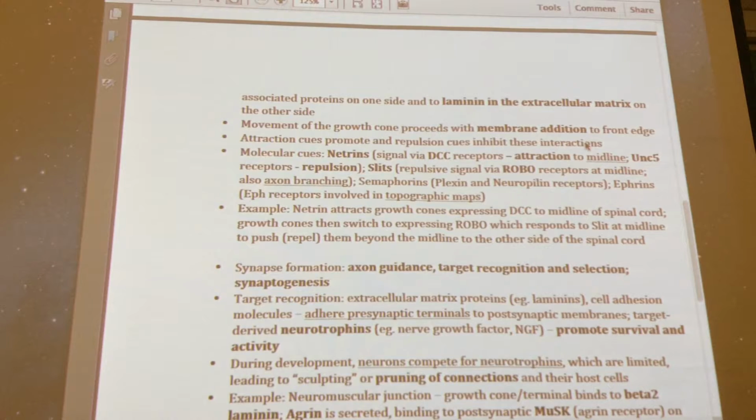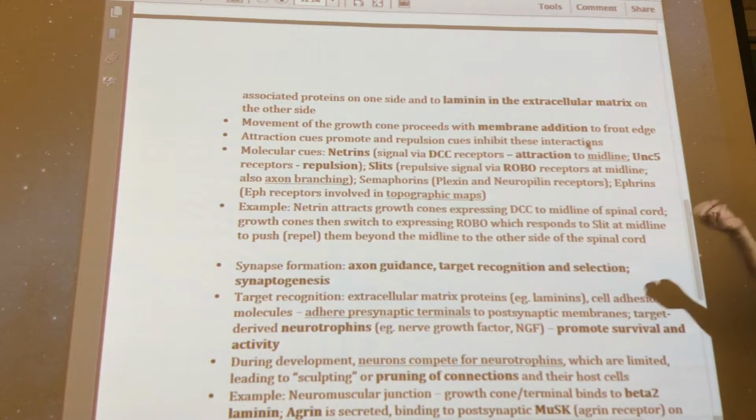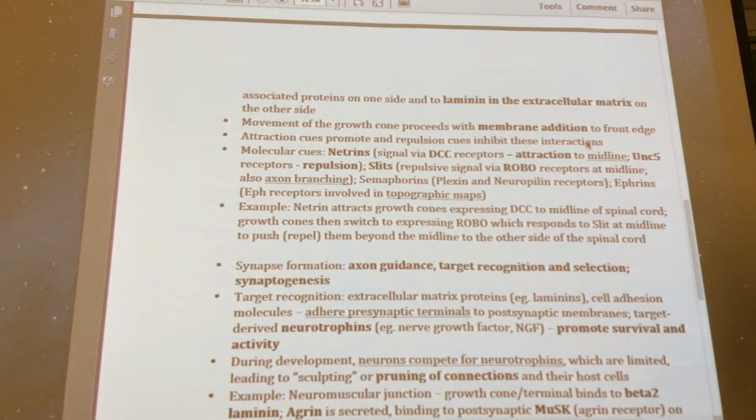And so what the attraction cues and the repulsion cues do is to foster dynamics one way or the other, right? Traction to help drive it to locomote forward or to disconnect for repulsion. So by and large, these are inhibiting these interactions, and what we're saying primarily is the interaction between the F-actin, the integrin, and the laminin.